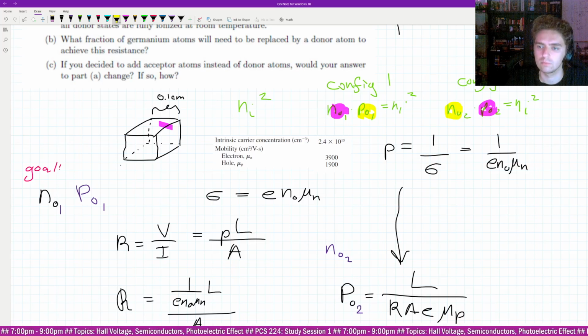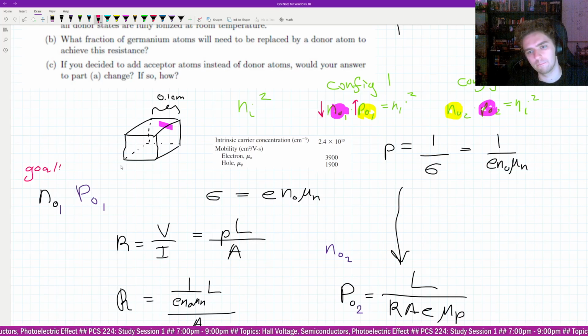So say on your first configuration, you increase N0 by, let's say, 5-fold. And then for configuration 2, you increase P0 by 5-fold. Wouldn't that mean the same thing? Wouldn't they both equal Ni squared then? Yep. Like if you increase this by 5, this goes down by 5.